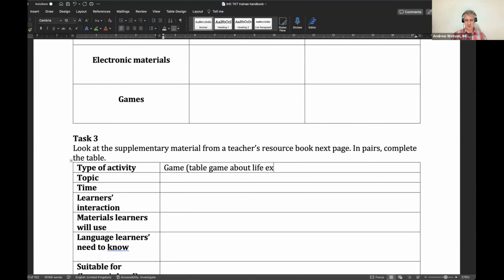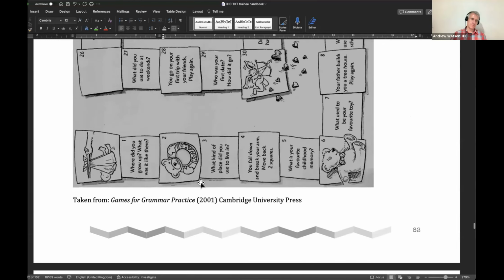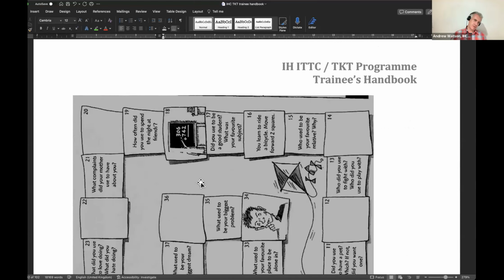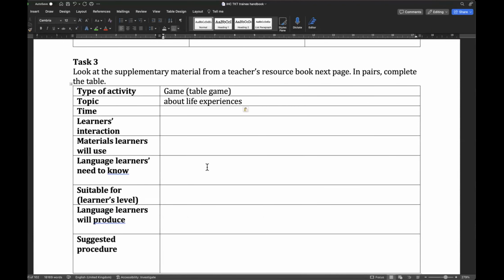So that is the topic. Time, it's difficult to say. How long do you think it will last? Maybe 30 minutes? Could be 10 if it's low-level learners, but maybe if the students have a lot to say, it could be 30 minutes, right?